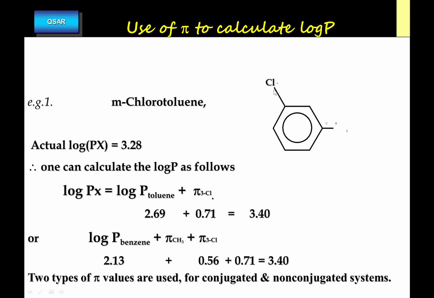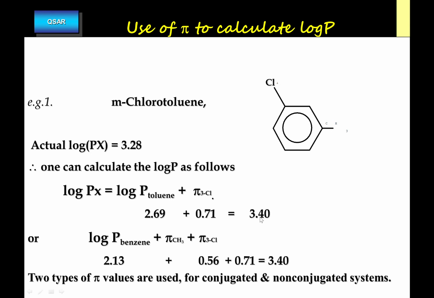What you need to know is the pi values of these substituents. For example, you have the log P of toluene, and if you have the pi value of 3-chloro, you simply add these two and you will get the log P of the entire metachlorotoluene. Just toluene you have 2.69 and this is 0.71, so 3.4.